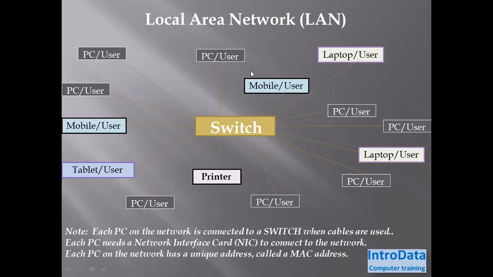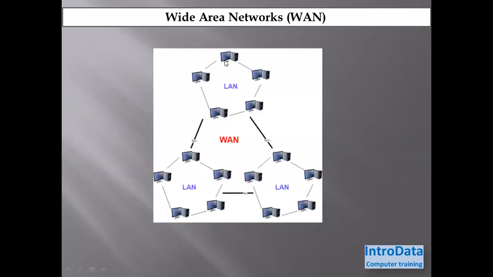Then we connect them, and it's called a WAN. So a LAN in Pretoria, a LAN in Centurion, and a LAN in Johannesburg together is called a WAN, a wide area network.